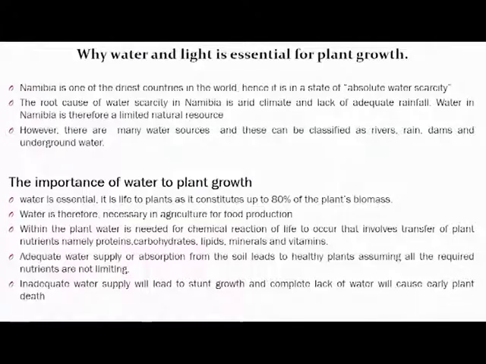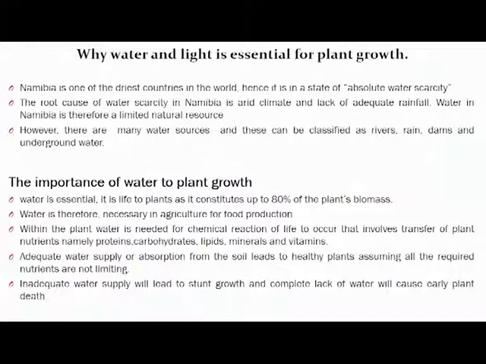At the same time, in a similar manner, plants cannot do without water, and cannot do without light. So these are the main components that the plant needs for its growth: water, light, and soil. These are the major components.